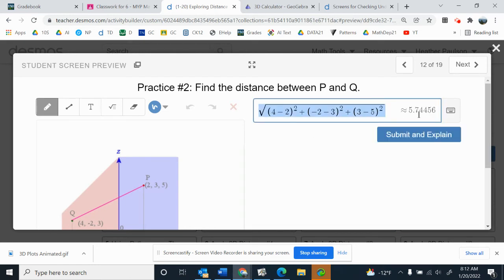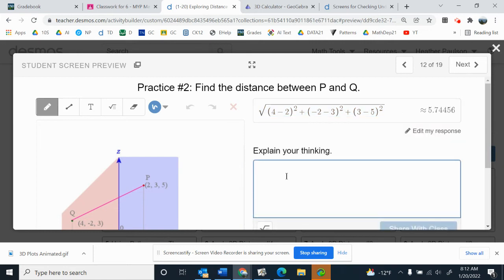In fact, I'm going to copy that and I'm going to explain it down here. Oops, get out my keyboard. 2 minus 4, and then 3 minus 2, or negative 2, excuse me, and then 5 minus 3.